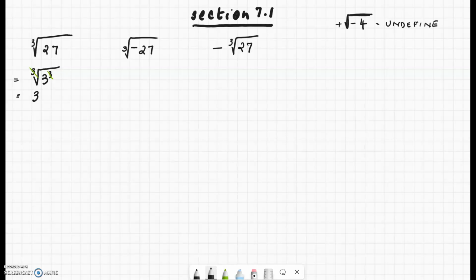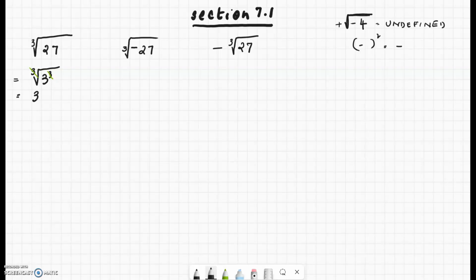So the positive square root of -4 is undefined. However, and why is it undefined? Because you can never square a negative number to get a negative number. If you square a negative number, it always becomes positive.